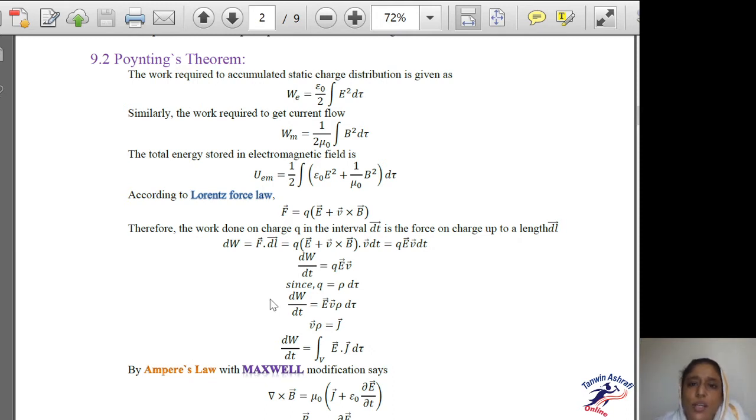Since we know that q is nothing but rho d tau, we substitute rho d tau in place of q.